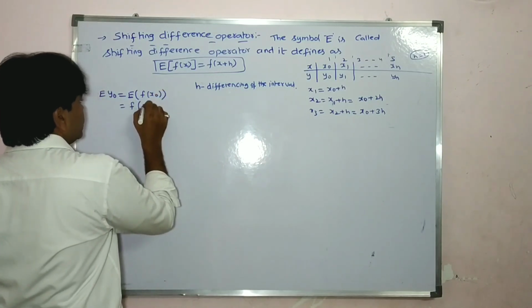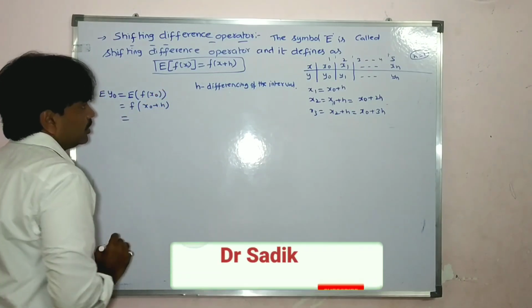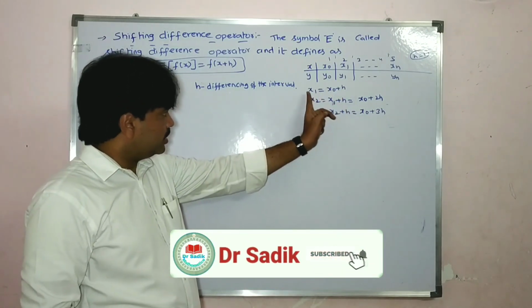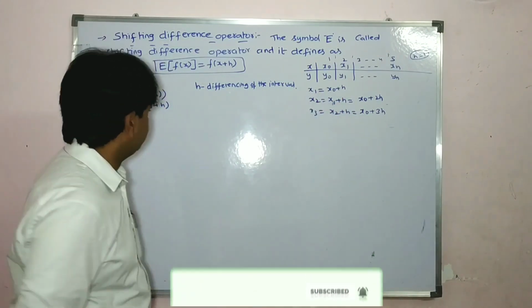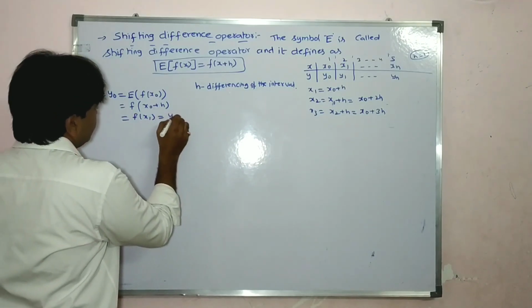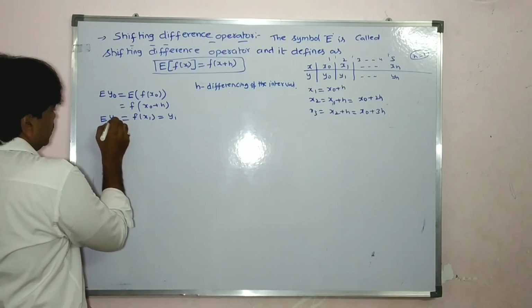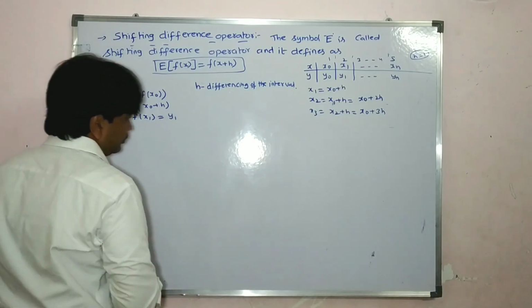If there is x0, we get x0 plus h. Now x0 plus h is x1. F of x1 is nothing but y1. So the E y0 value, students, is y1.